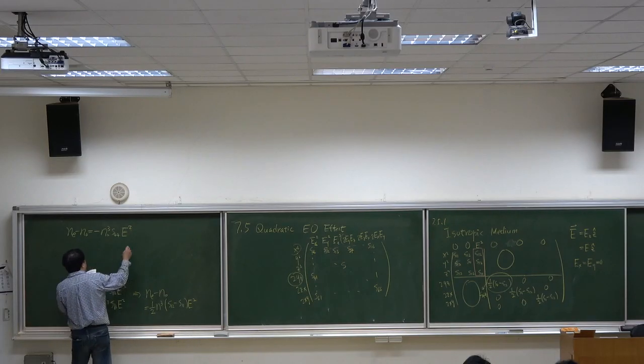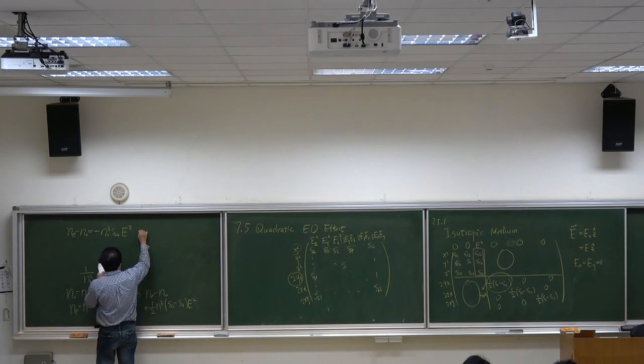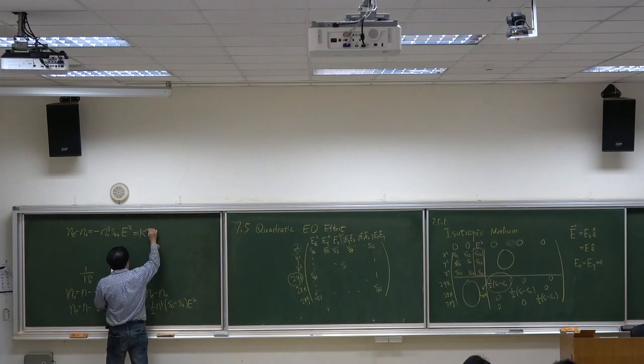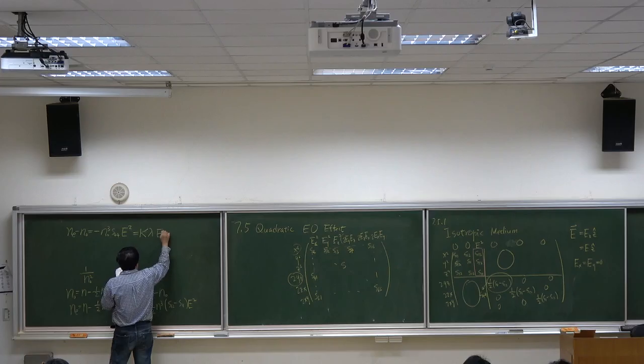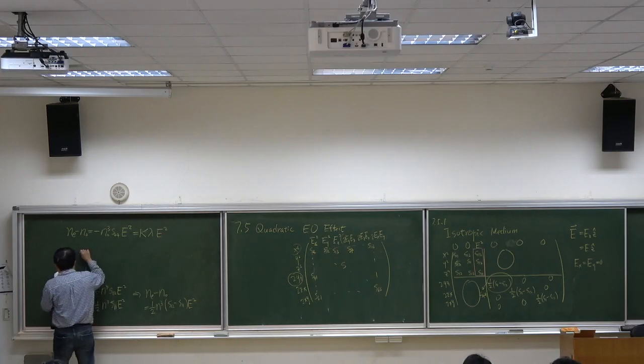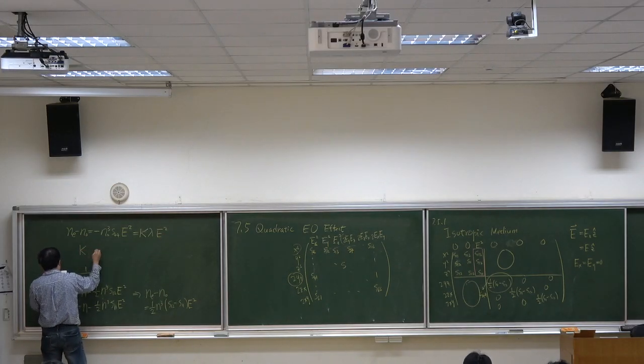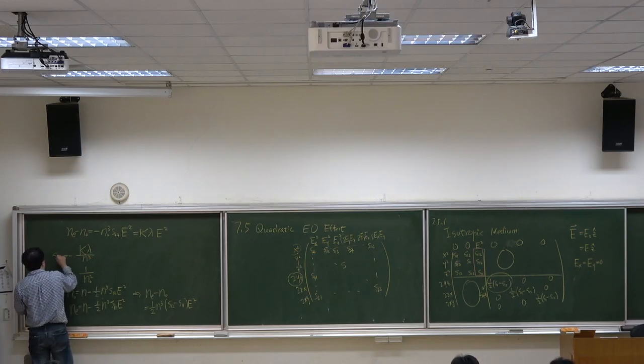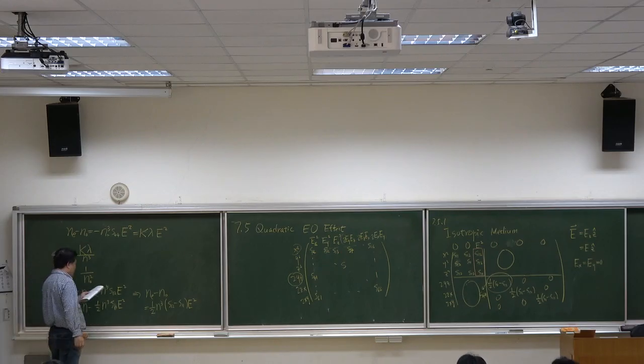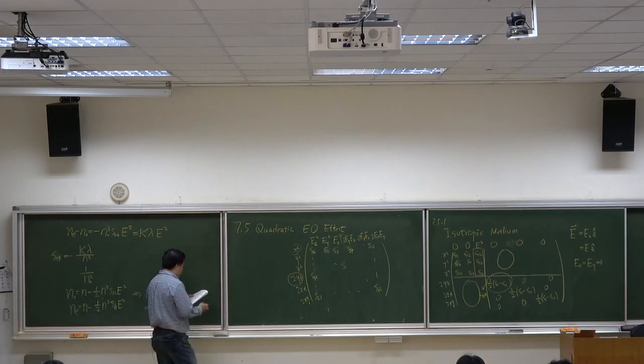And sometimes this can be written as K times lambda times E squared. Here this K is related to S44 by this relation. Here K is called the Kerr constant.